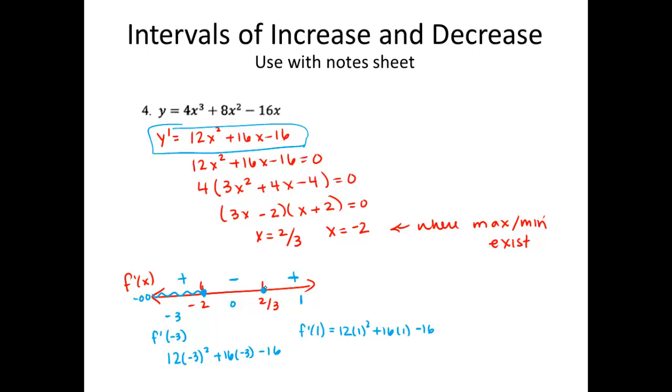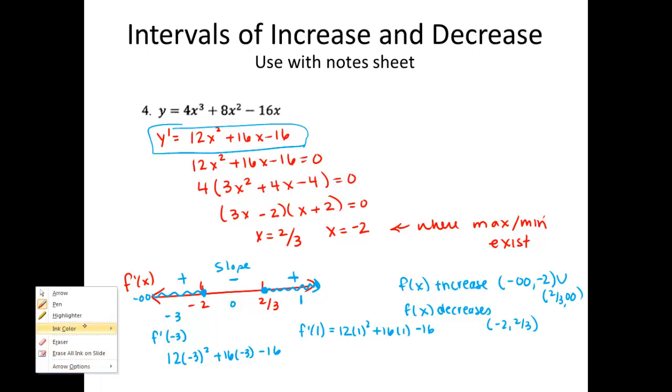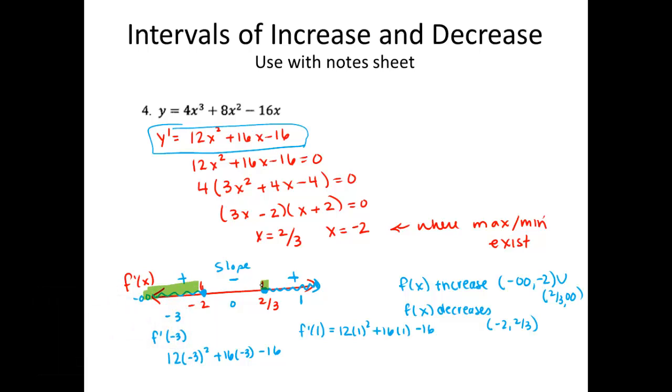So that means that my intervals of increase, okay, so f of x, the original function, increases between negative infinity and negative 2, union with 2/3 to positive infinity. But f of x decreases from negative 2 to 2/3. Okay, so this is where my slopes are negative, which means it's decreasing, and then over here, this is where my slopes are positive, which means it's increasing.